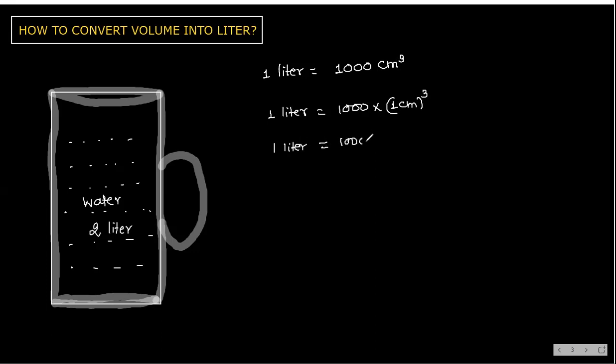This is 1000 into 10 power minus 2 meter whole cube. Yes or no? Right? So now see, this 1 liter is equal to, understanding or not? Tell me, any doubt till here?